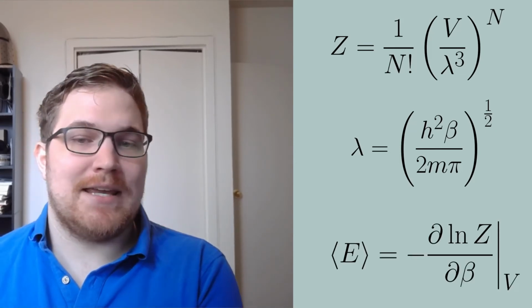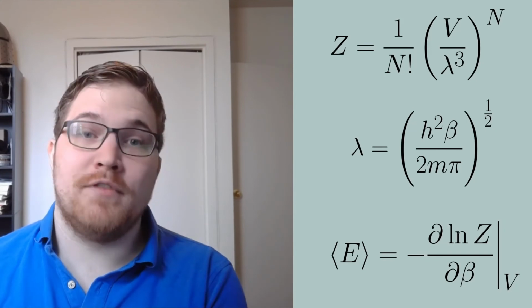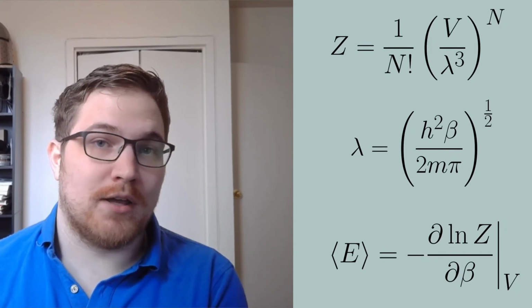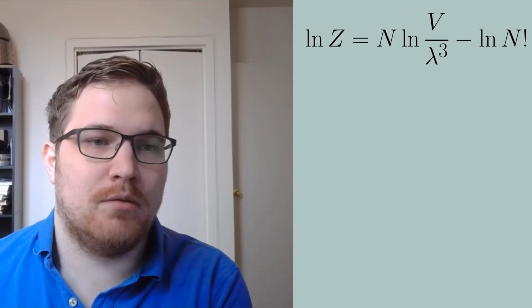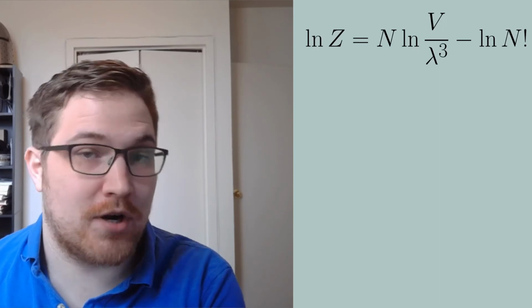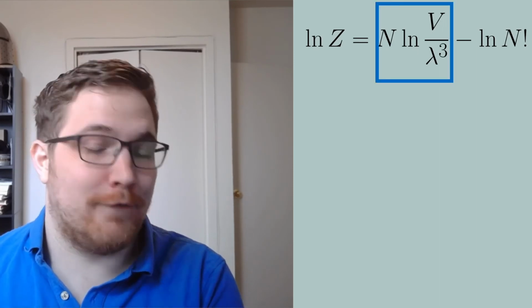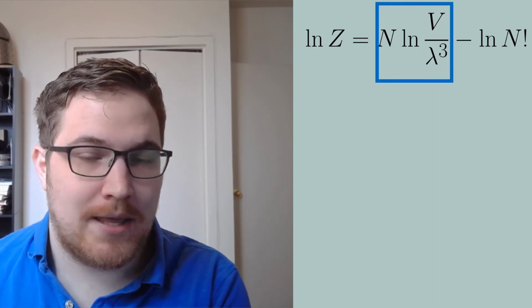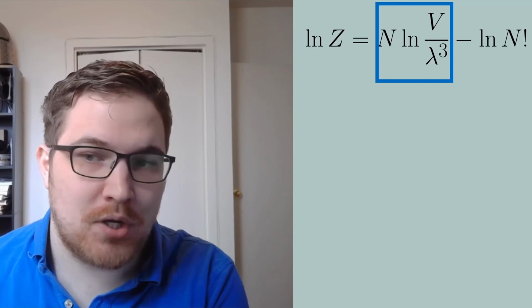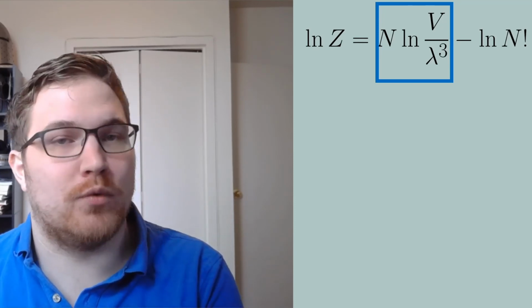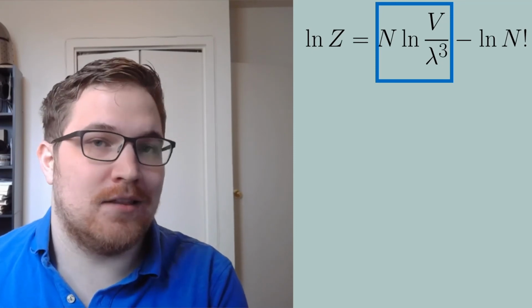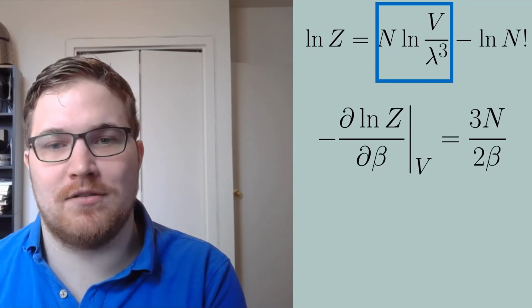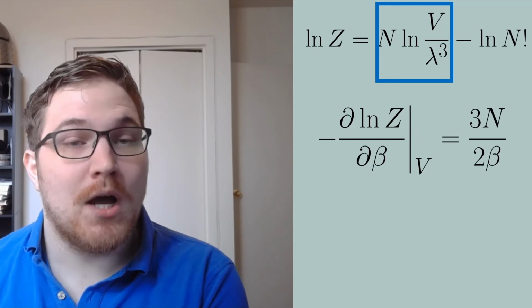Now back to our goal of the energy. We need to take the natural logarithm of this partition function that we have derived. Plugging our definition of the partition function into the natural logarithm gives us the following expression. Only the first term depends on beta, and the second term will disappear when we take the derivative with respect to beta. Expanding everything out and taking the derivative ends up giving us the following expression.